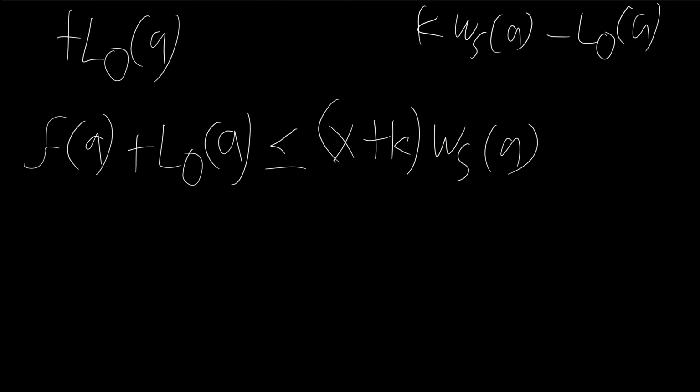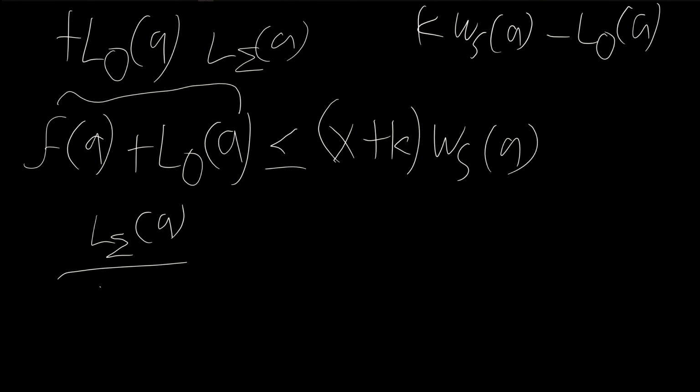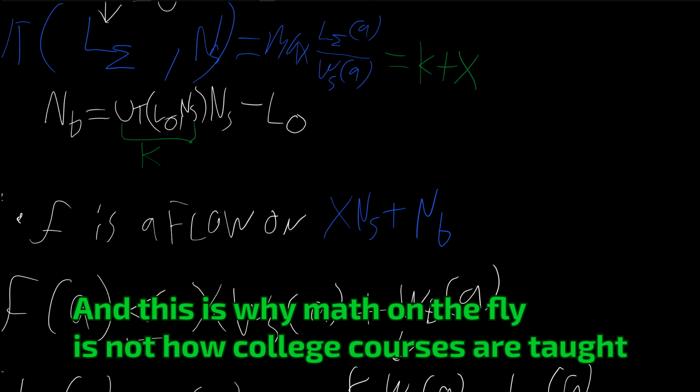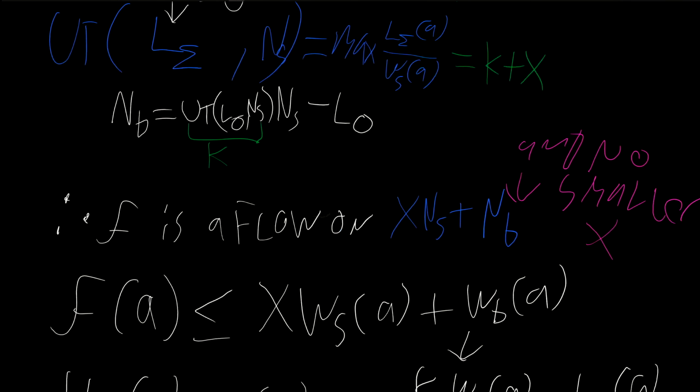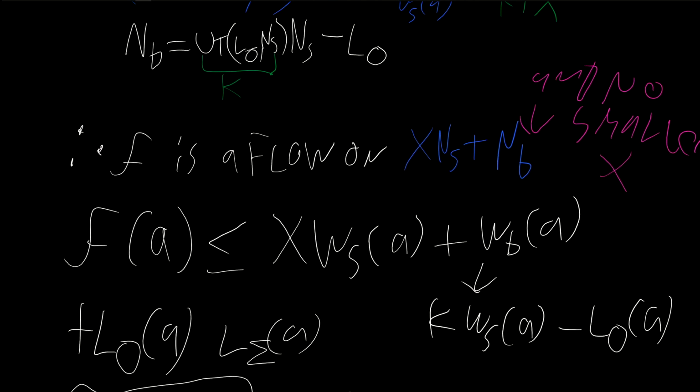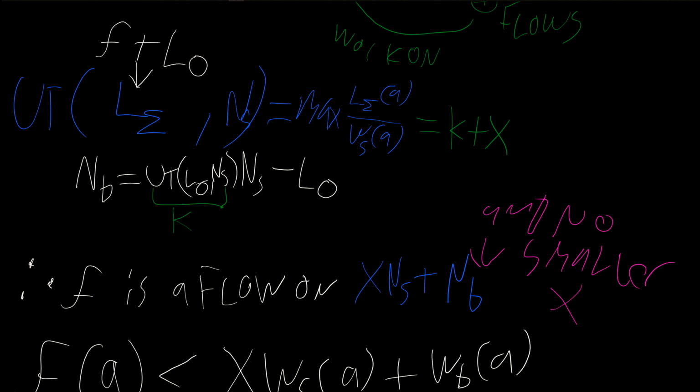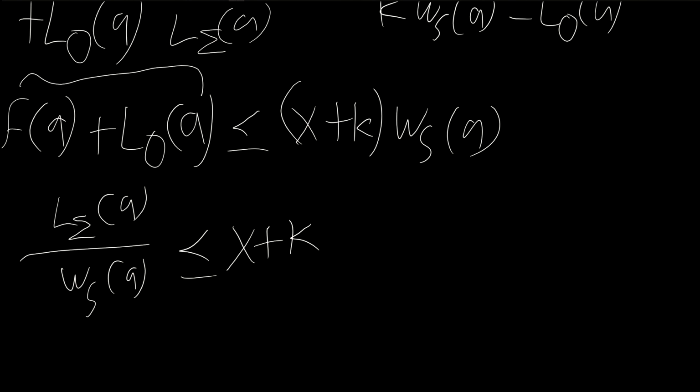And we also realize, hey, wait a minute, this is load sigma at A. So we get load sigma at A over WS at A is less than or equal to X plus K. Now, since this thing is always less than or equal to, there is a little caveat I have to put here: no smaller X. If F is a flow of something with a smaller X, then this X isn't the same. The reason why we needed that is to make sure that this actually happens.